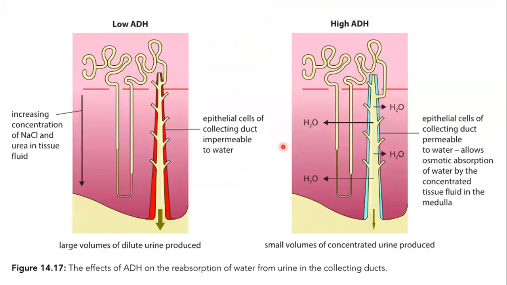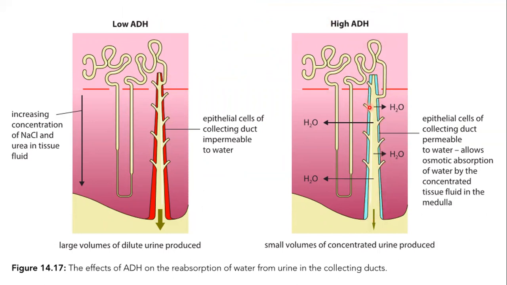So this is a diagrammatic representation demonstrating the permeability of the collecting duct. When you have low ADH, it is not permeable to water. But with a high concentration of ADH, when there's ADH release, we have a lot of aquaporins in the luminal cell surface membrane of the collecting duct.